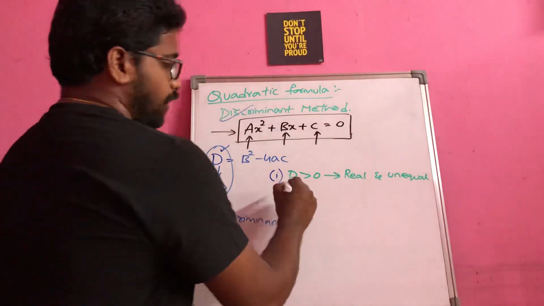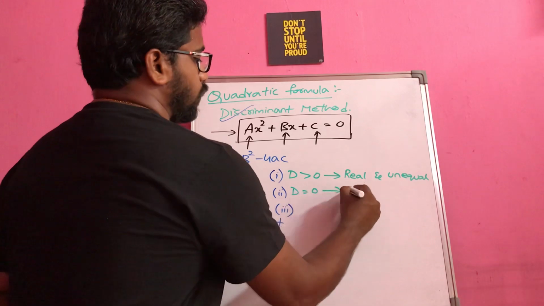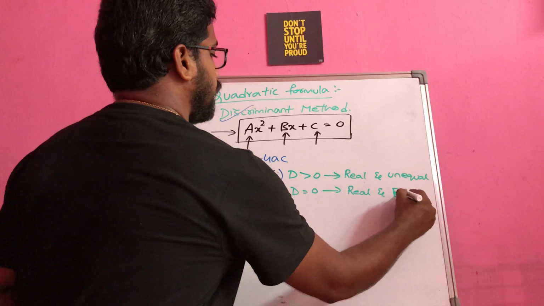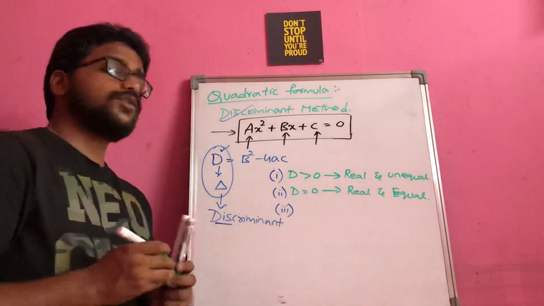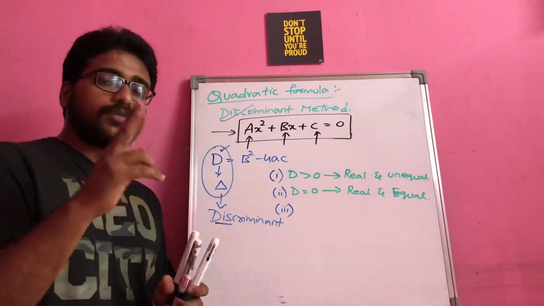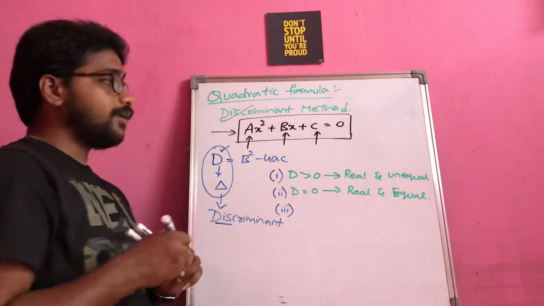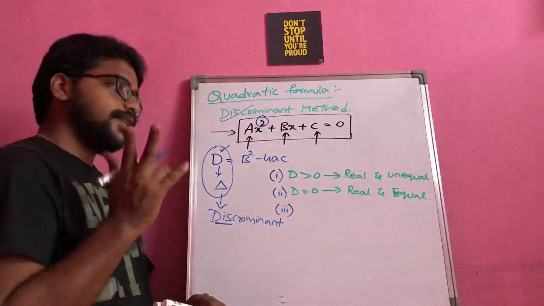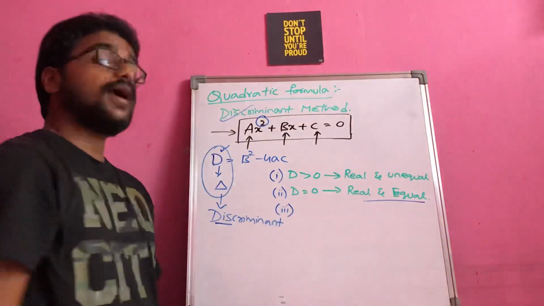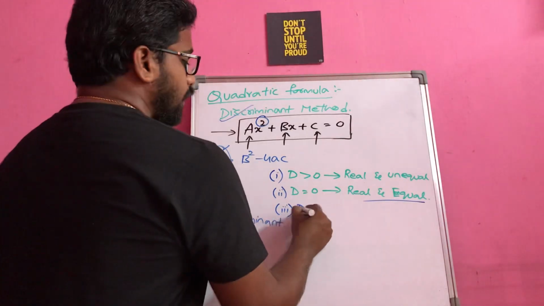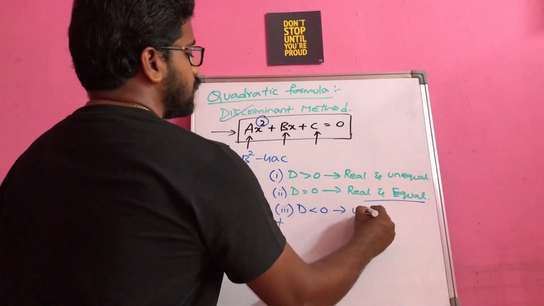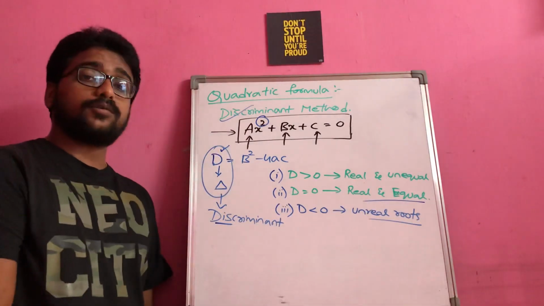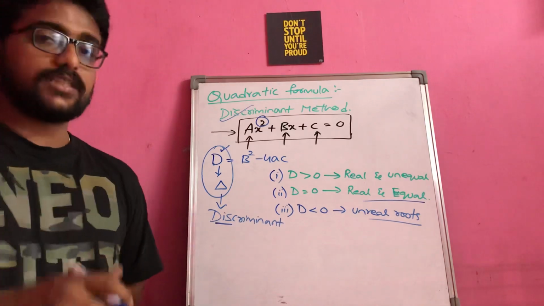If D is equal to 0, then the roots are real and equal. You get the same value for both values of x, because a quadratic equation is of degree 2, so you get 2 roots, and those 2 roots are real and equal. If D is less than 0, the quadratic equation results in unreal roots, which means they do not actually exist in nature.